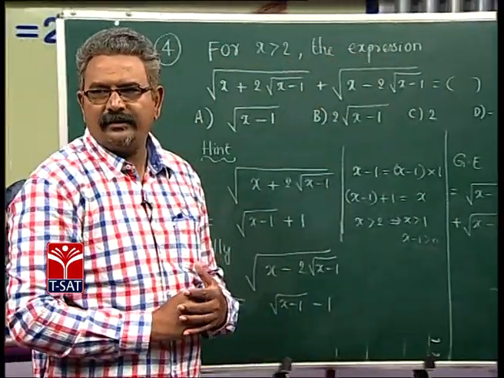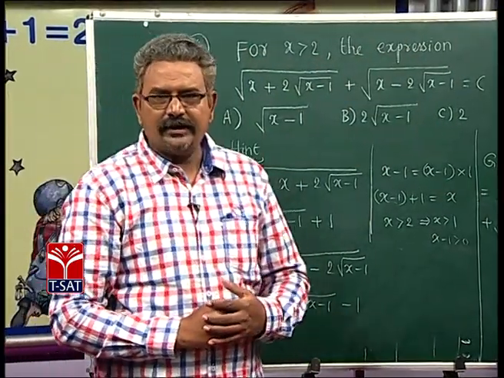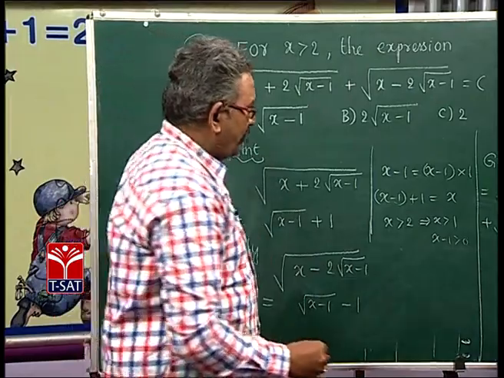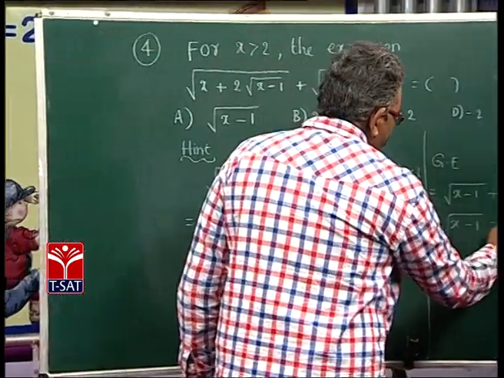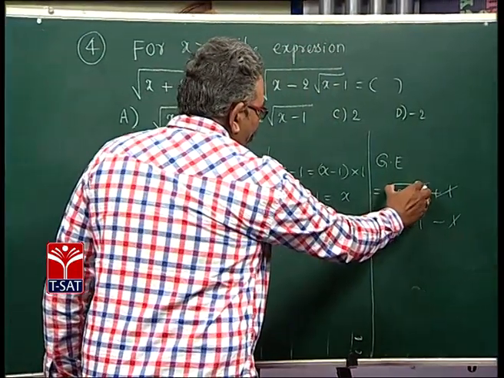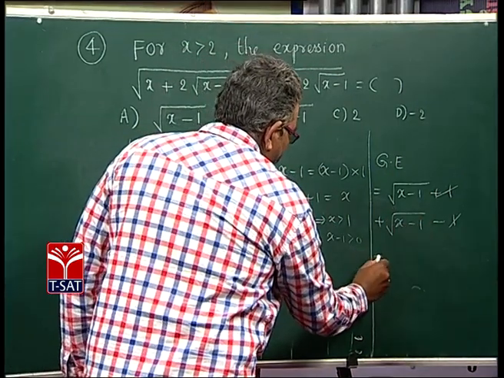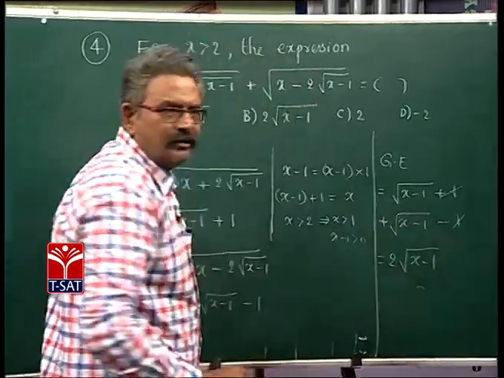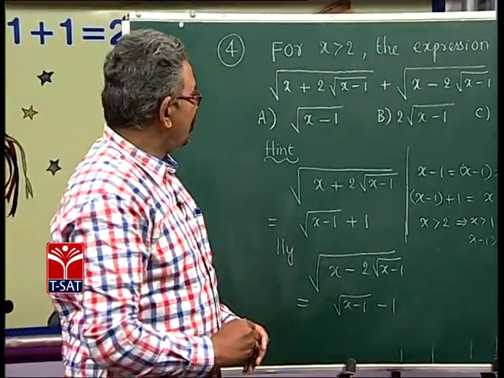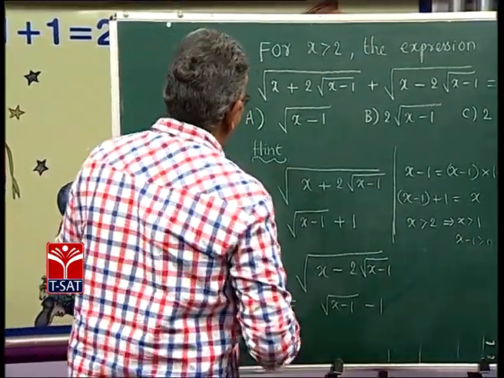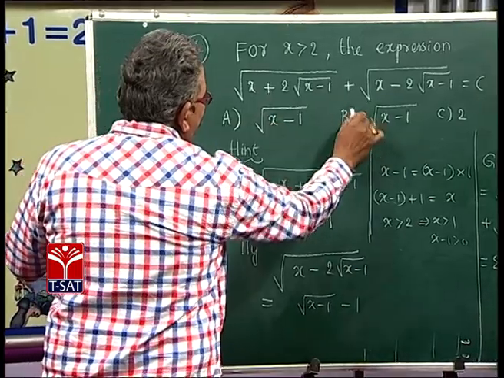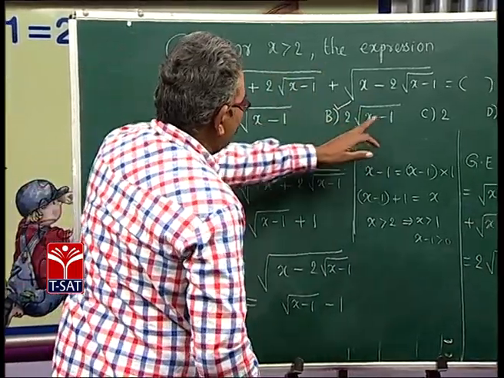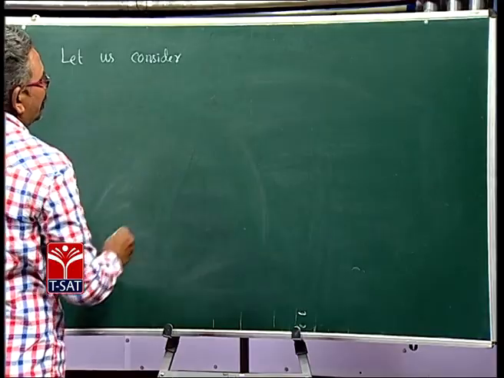See what will happen. Now, plus 1 minus 1 gets cancelled, root of x minus 1 plus root of x minus 1, that is 2 root of x minus 1. Now, which is the right option? Yes, B will be the right option, 2 root of x minus 1.